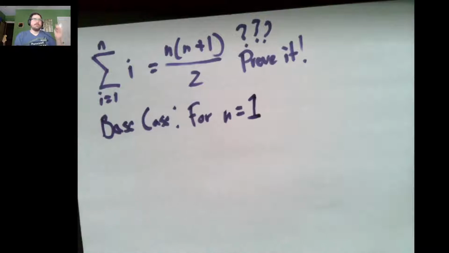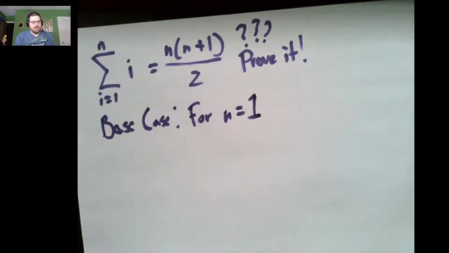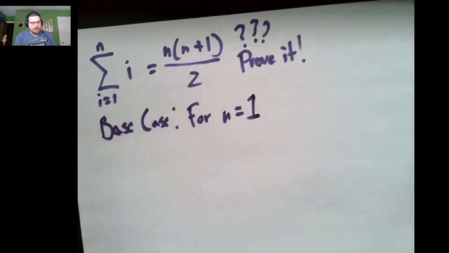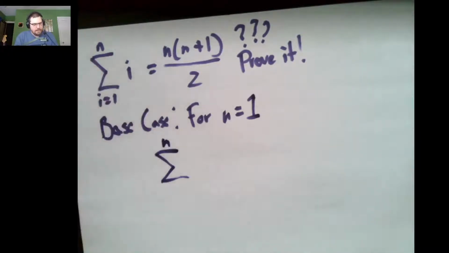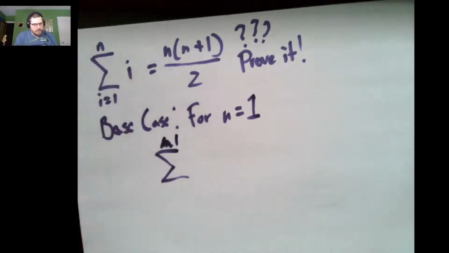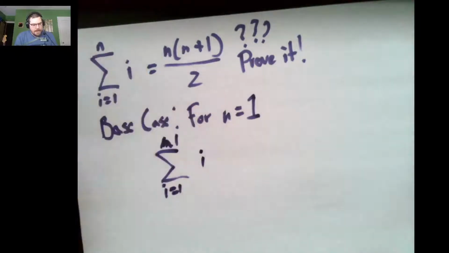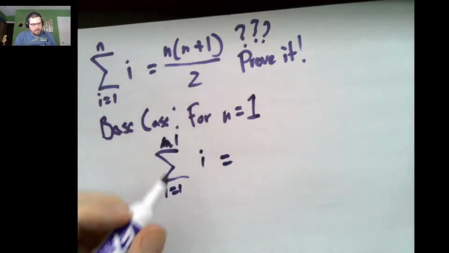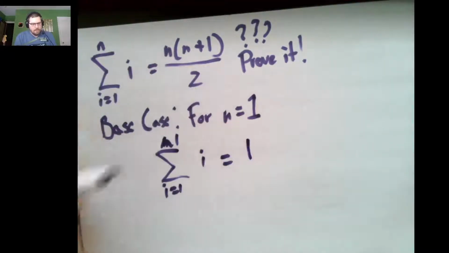Ding! Then we need an inductive... no, not the inductive hypothesis yet. We're not done. For n equals 1, this is 1. So i equals 1, and the sum is just 1 to 1, so it's 1.